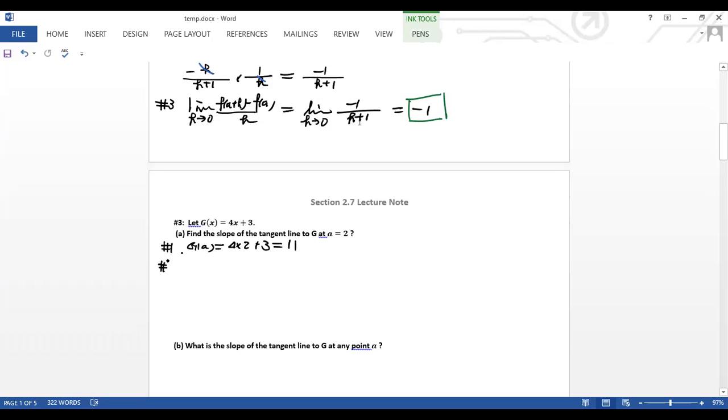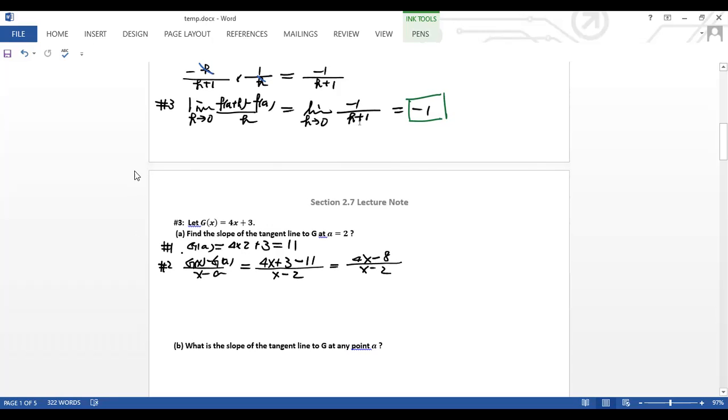Then step number 2, g of x minus g of a over x minus a. So the g of x here is 4x plus 3 minus 11, then this is over x minus 2. So this will be 4x minus 8 over x minus 2.